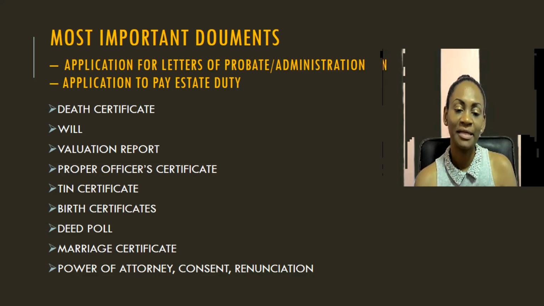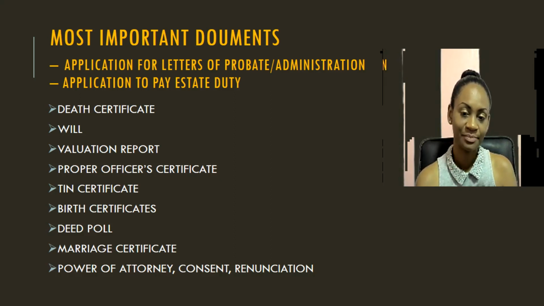Sometimes you may attach a court order. You also may need a power of attorney to show any authorization to take out letters of administration on behalf of an executor or on behalf of any beneficiary.